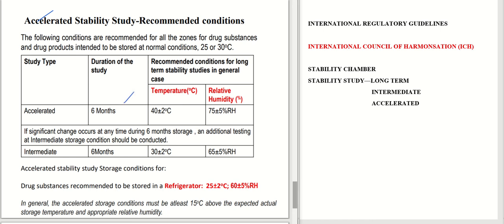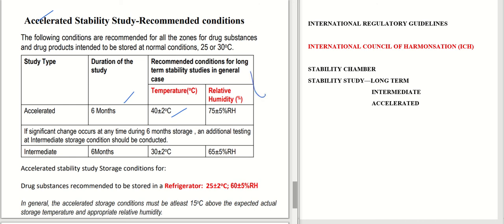So now let's see what the different conditions are. For accelerated, we are accelerating the conditions, so the temperature would be 40 plus or minus 2 degrees centigrade, and the relative humidity is 75% plus or minus 5% relative humidity.